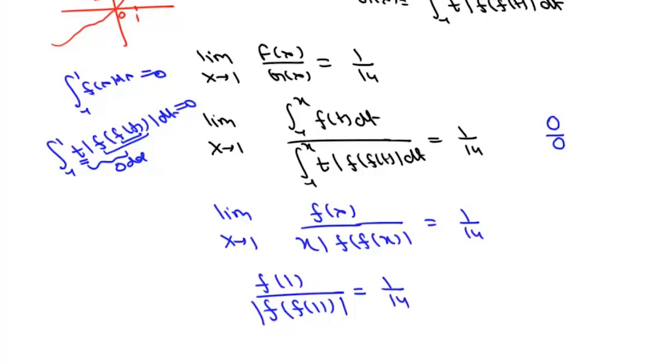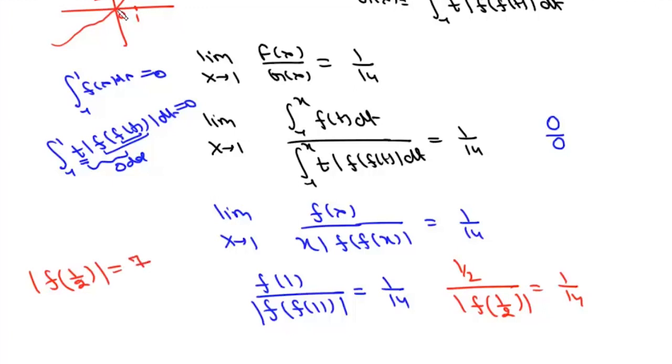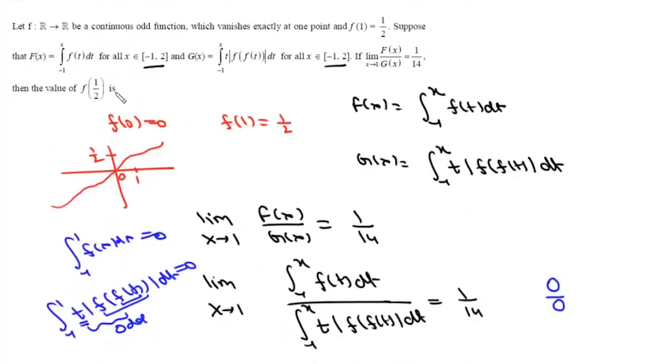Now in the question it is given that the value of f(1) is 1/2. So it will be 1/2 upon mod of f(1/2) equal to 1/14, or mod of f(1/2) is equal to 7. Now since f(x) is positive when x is greater than 0, we can write f(1/2) is actually plus 7. The value of f(1/2) is 7, and that is the answer to this question.